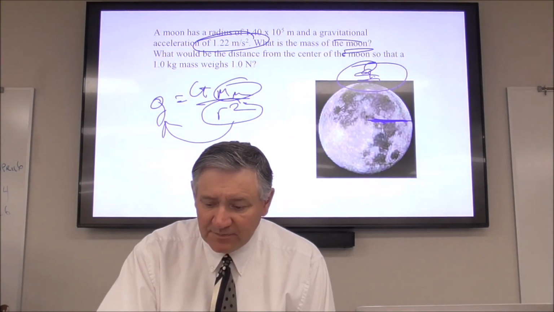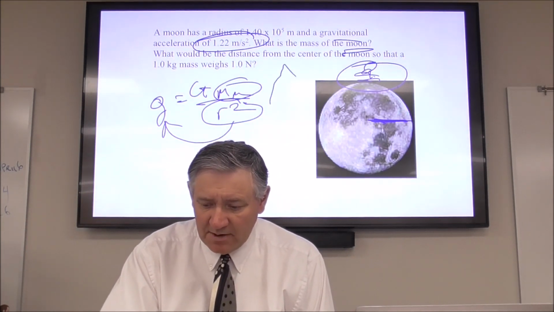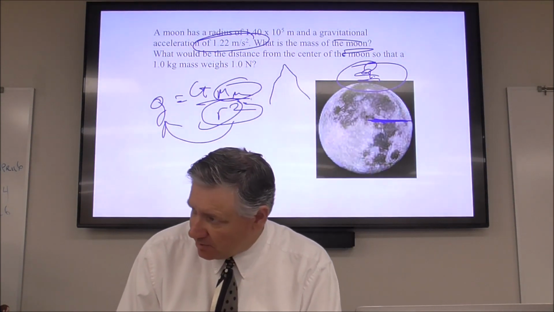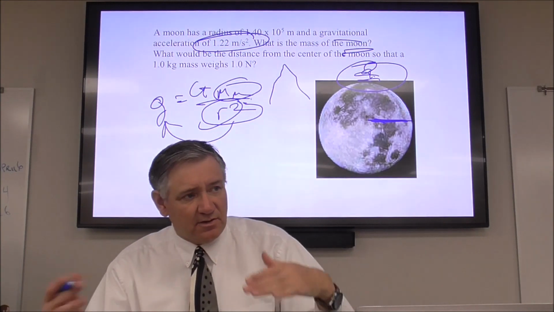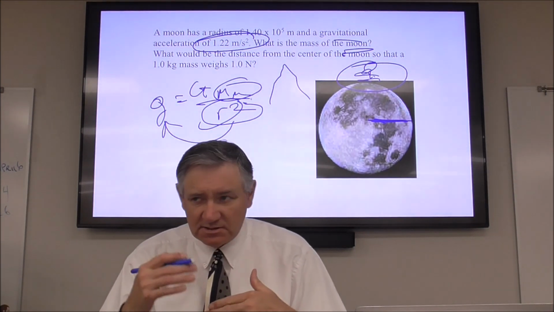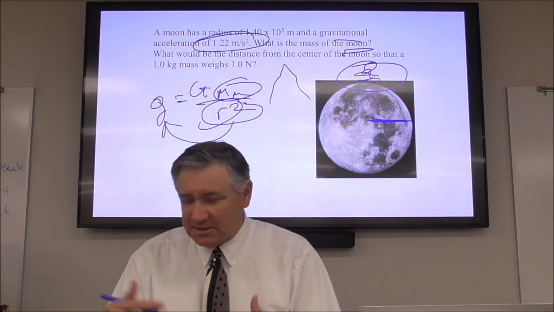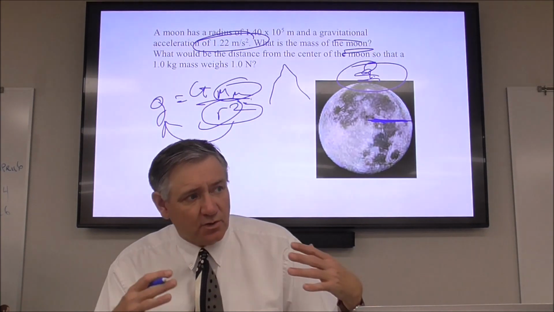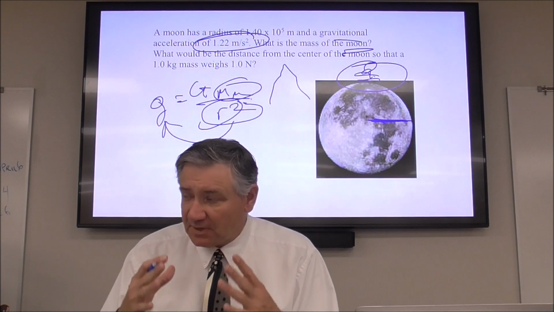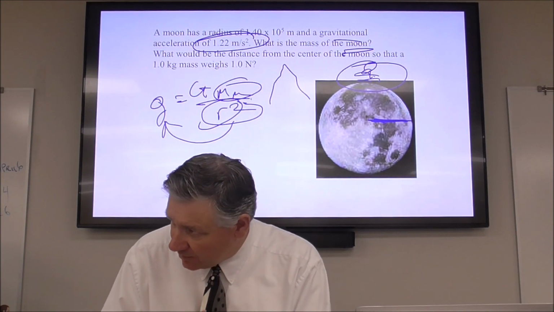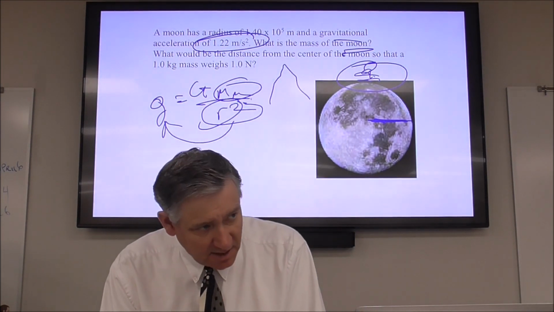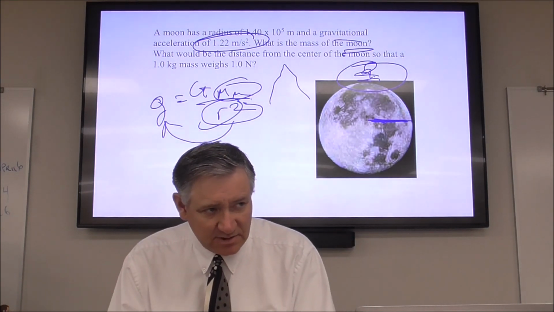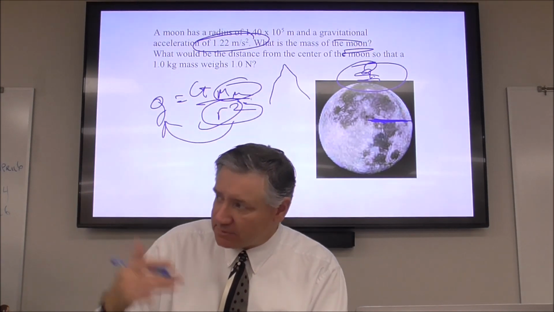Now, obviously, if you go to the top of Mount Everest, where that R is a little bit bigger, g is going to be a little bit less, okay? So little g is not a constant. That changes if I'm on the Earth, if I'm on the moon, even on the surface of the Earth. Little g is not a constant. We use 9.8 meters per second squared because that's on average, that's what it is. But in reality, that number changes.